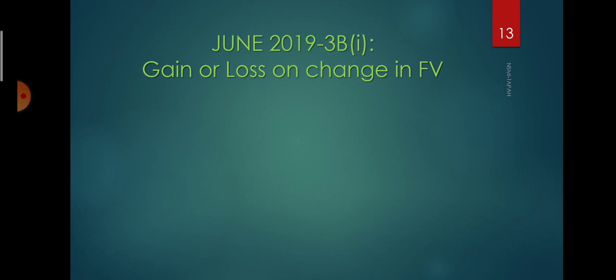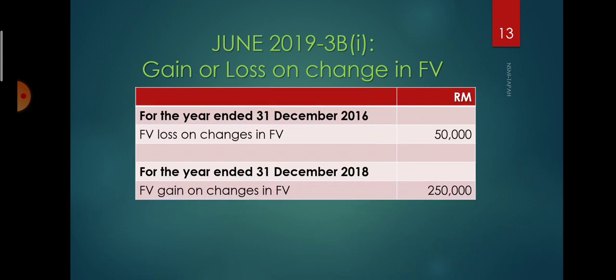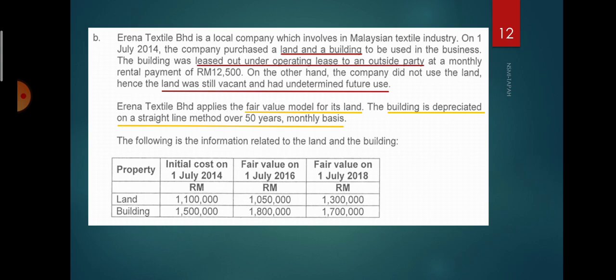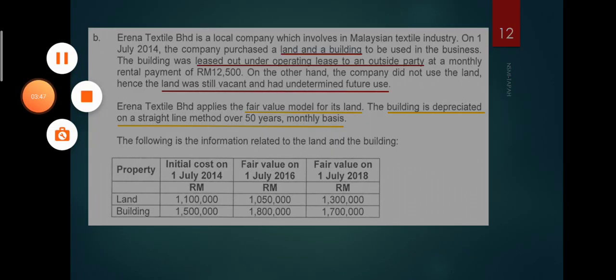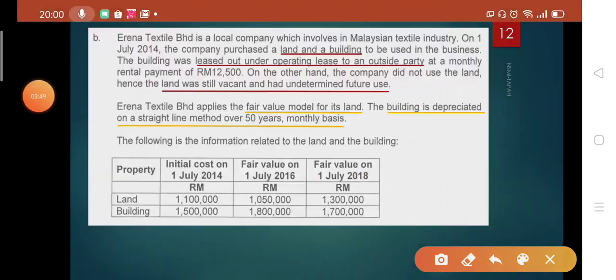Okay, question 3B1 asks you about the gain or loss on change in the fair value. So let's look at the year 2016, the loss in changes in fair value of 50,000. Alright, as you can see, on 1st July 2014, the land is 1.1 million.